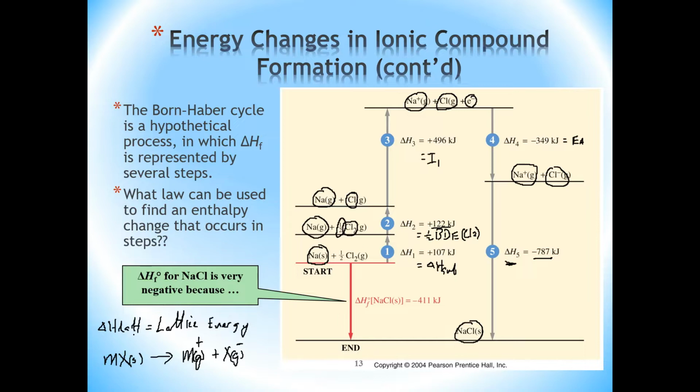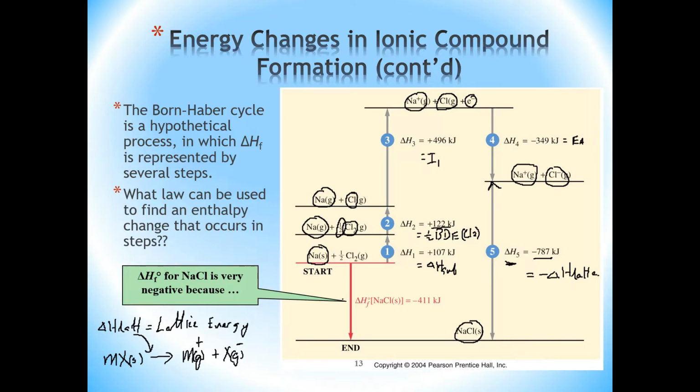So the energy required for this is called the lattice energy. Now in this particular case, the lattice energy would be from the sodium chloride to the ions, so it would be the opposite direction. So this minus 787 kilojoules would be equal to minus the lattice energy for sodium chloride.